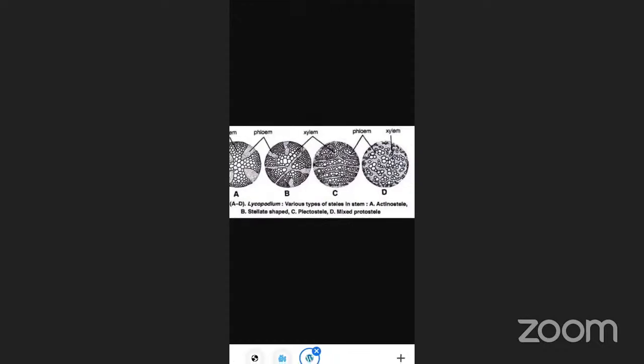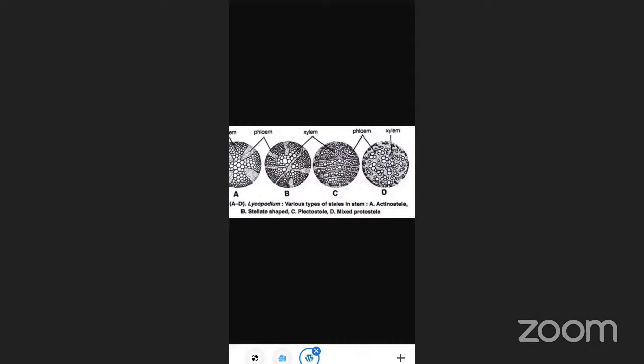In the plectostele, the xylem is divided into several plate-like arrangements. These plates are parallel to each other, with the phloem occurring between the plates. That is the plectostele. And the next one is the mixed stele.